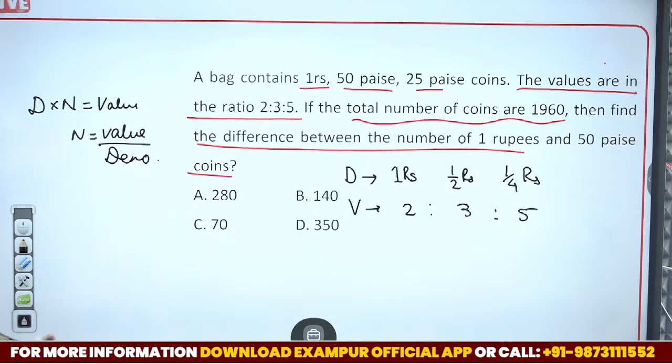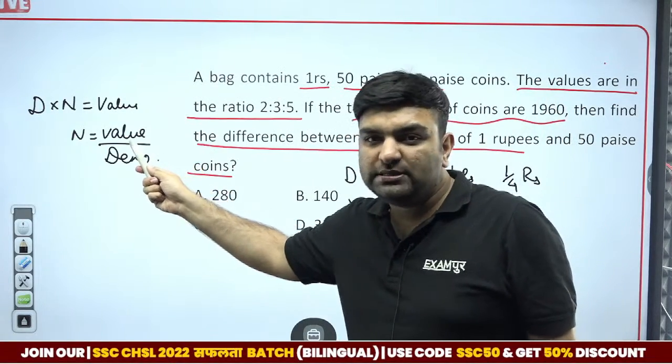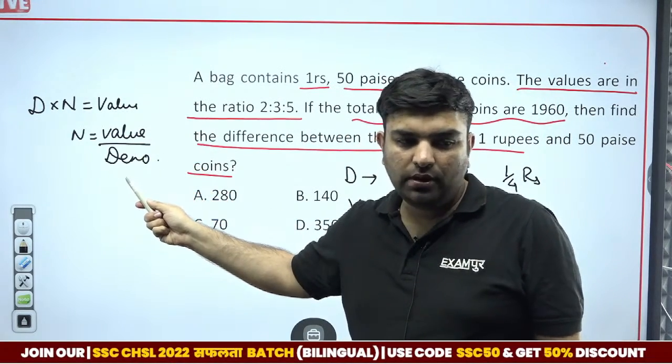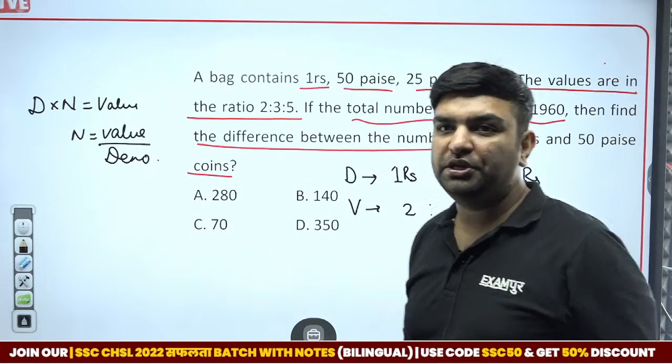So if value ratio is known and denominations are known, we can find out the number ratio by doing value upon denomination.